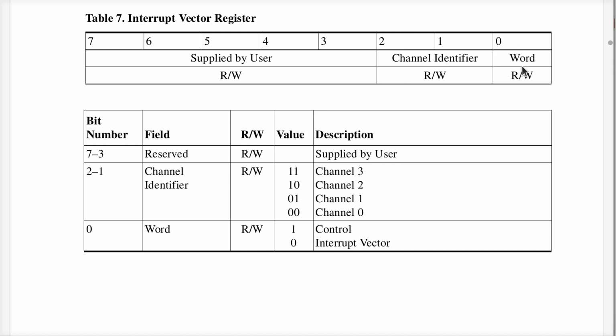This bit over here, this is a terrible example, will always be 0 in the interrupt acknowledgement cycle, okay? Therefore, these last 3 bits will always be an even number, and this is why the vector table has to start at an even numbered address.